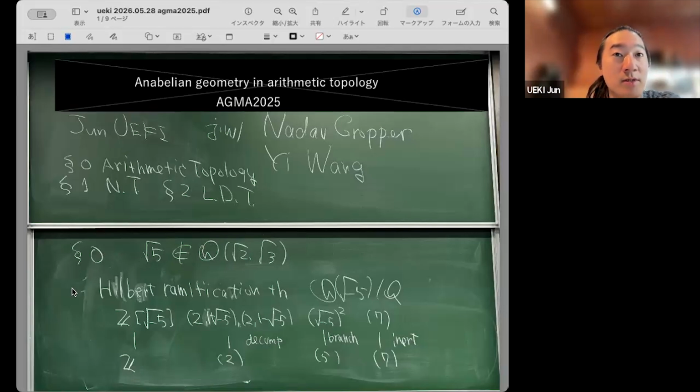For example, let us consider this quadratic extension. Then we have an extension of the ring of integers. And in this extension, prime ideals behave in 3 different ways: decompose, branch, or inert.